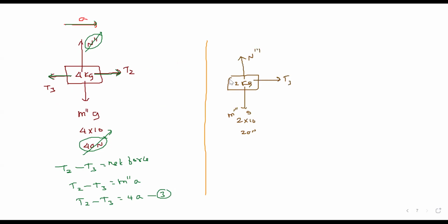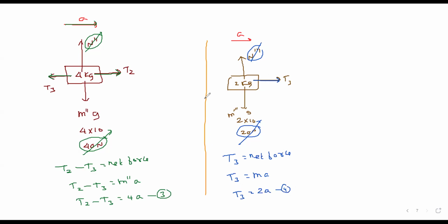T3 acting this side, and acceleration is acting this side. So the 20 Newton is cancelled by the normal reaction. What is the only force acting on this? T3. So T3 is equal to what? Net force. So T3 is equal to ma. So T3 is equal to 2a. Equation number 4.